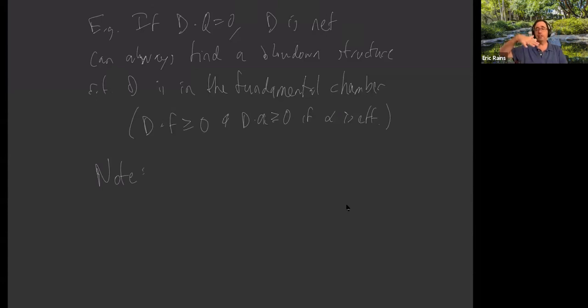Now, the significance of this: as we do this process, when we swap S and F, we're changing the structure of our equation. And particularly, we're changing the order of the equation. And so particularly what we see is that this operation minimizes D dot F over all blowdown structures.